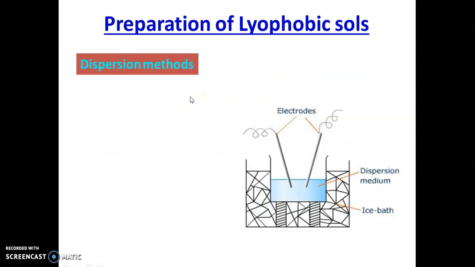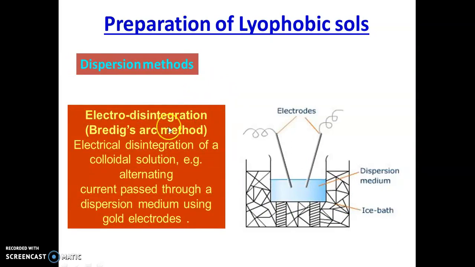And next is the preparation of lyophobic sol by the dispersion method. In the dispersion method we will use two methods basically. Bredig's arc method. In this method we form the colloidal solution of metals. Metals means like silver, gold, platinum.